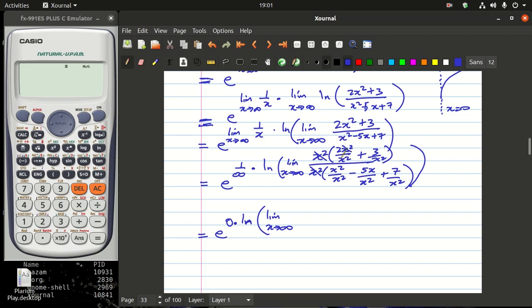And then this x squared and that x squared will cancel out. And now I will end up having a 2 there, and then plus 3 over x squared. And then this one here, x squared divided by x squared is just 1, minus 5 divided by x, because 1 x will be gone and 1 x will be gone there. And then here I still have 7 divided by x squared.